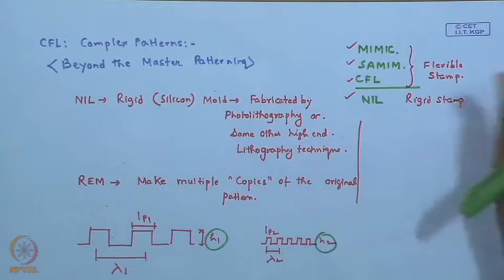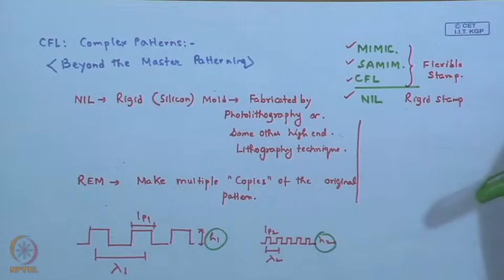So you can understand that since this original master has to be fabricated by photolithography or some other high end lithography, it is costly, and every new design you want to make will force you to get an originally fabricated stamp. And the other thing to realize is that we have shown some simple grating structures.